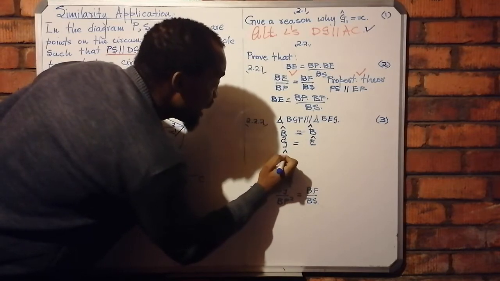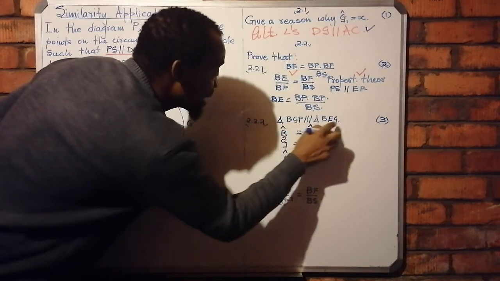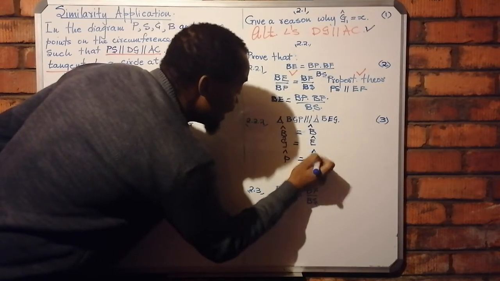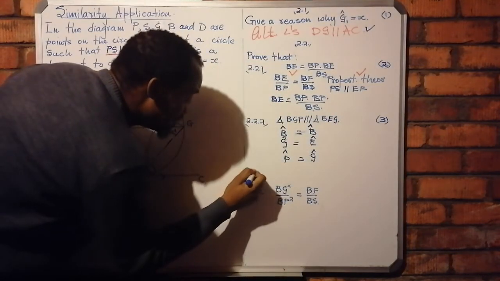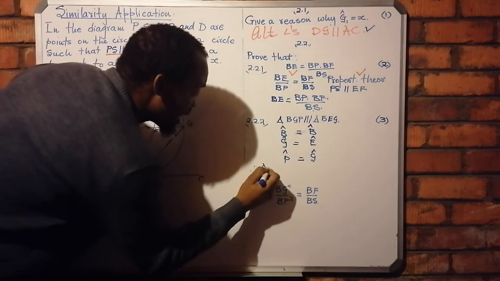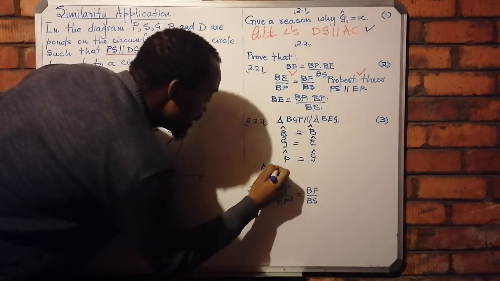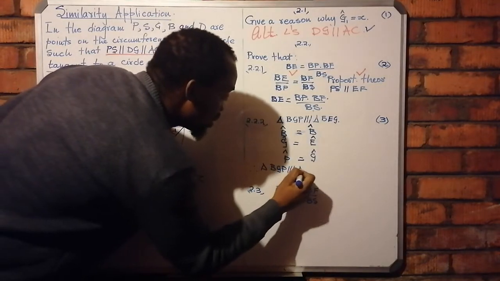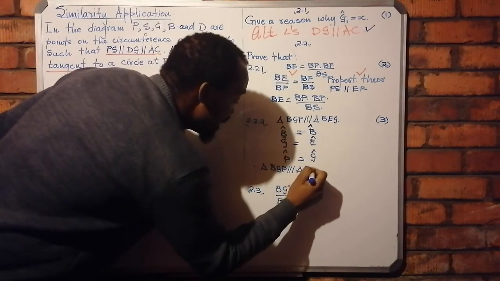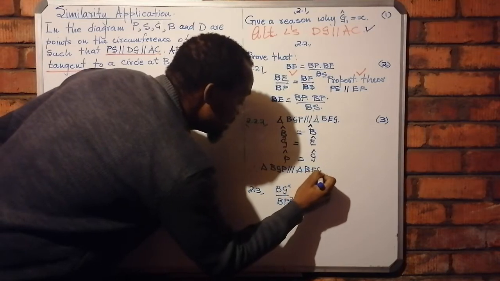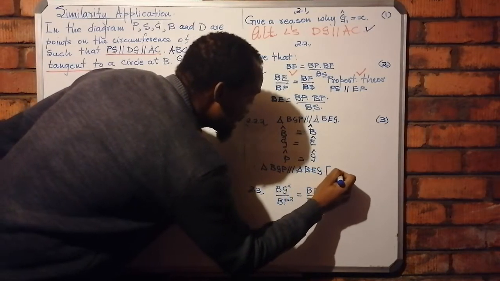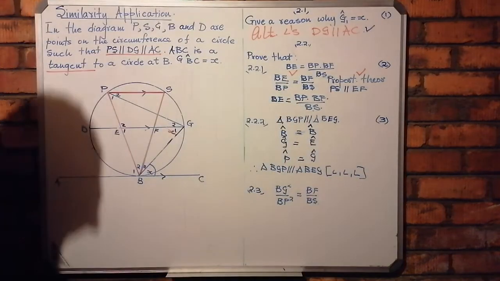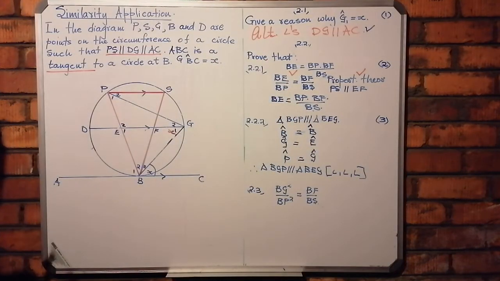Angle P from this side corresponds with angle G that side. Then I'm just going to say, therefore, triangle BGP is similar to triangle BEG. What is the reason? Corresponding angles are equal. The reason is angle, angle, angle.